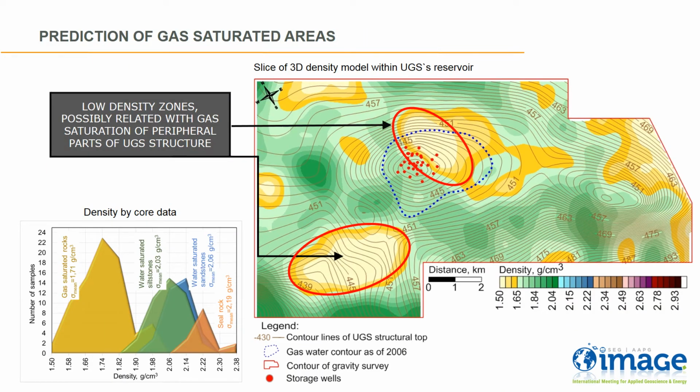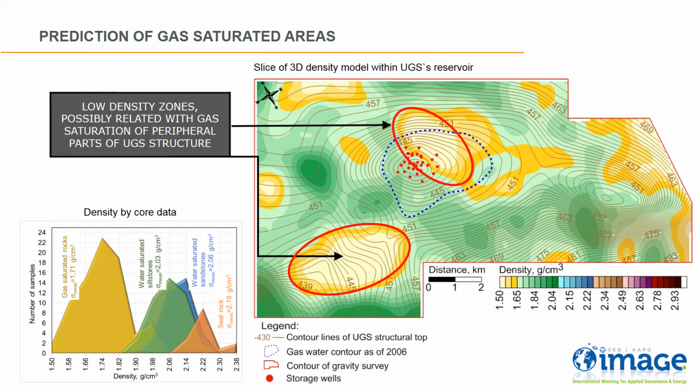Two low-density zones related to artificial gas saturated reservoirs were mapped as a result of the obtained 3D model analysis. On the slide, you can see a slice of the UGS reservoir in the 3D density model. The first low-density area is located on the northeast from storage wells.